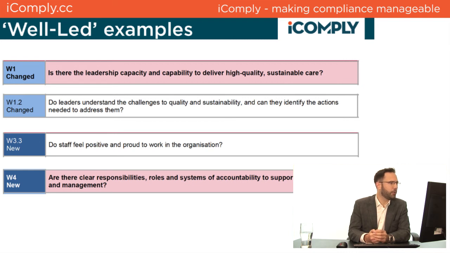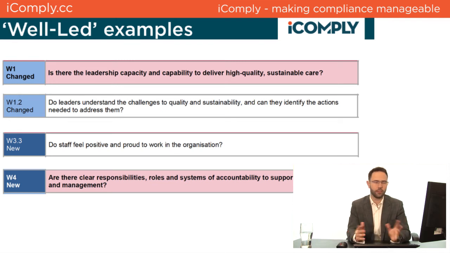So with W1.2, do leaders understand the challenges to quality and sustainability, and can they identify the actions needed to address them? I mean, if we could unpack that, there's a lot in there. In order to understand the challenges, you need to understand the regulations. So that's the first step, as I said before.